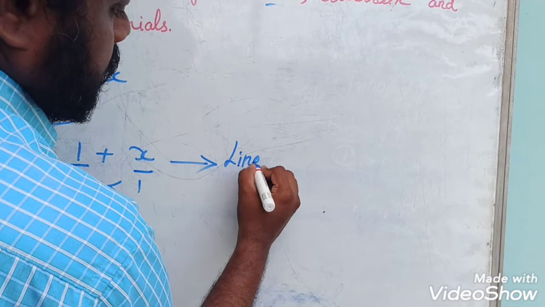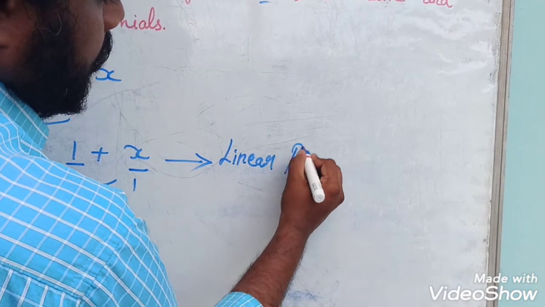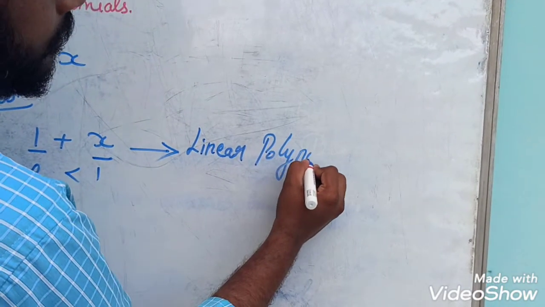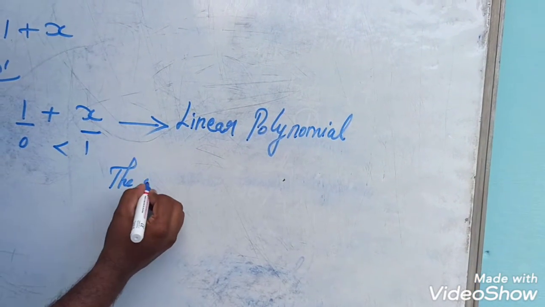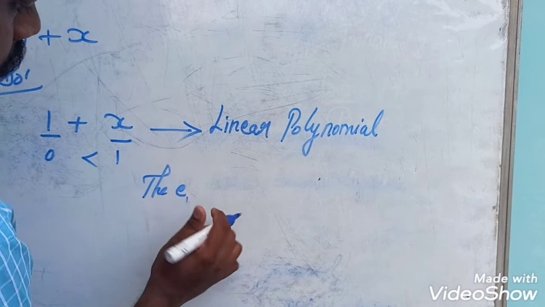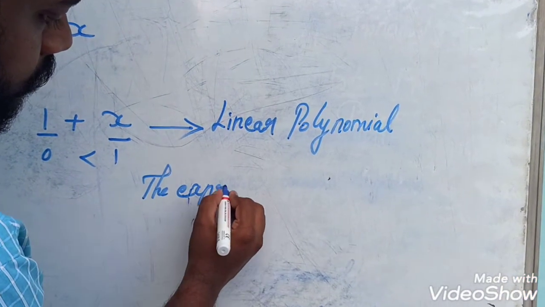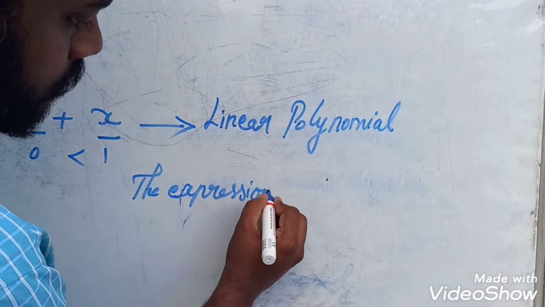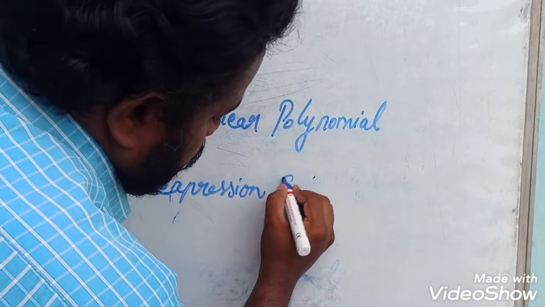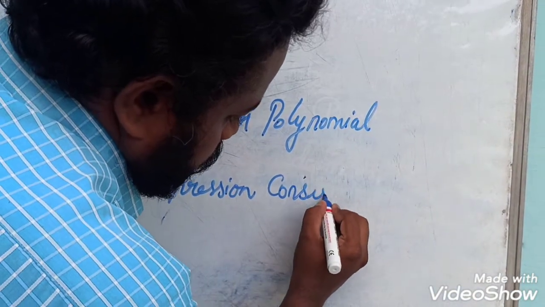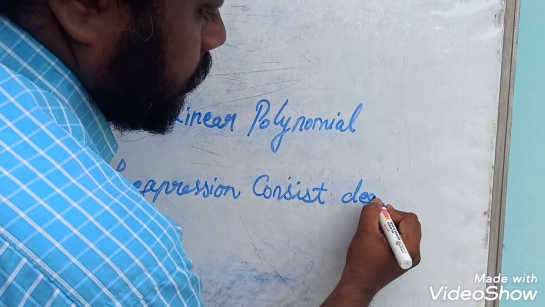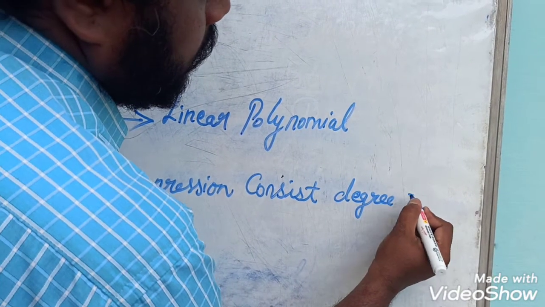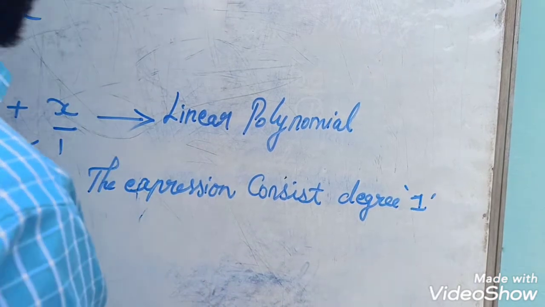So this is a linear polynomial. The expression consists of degree 1.